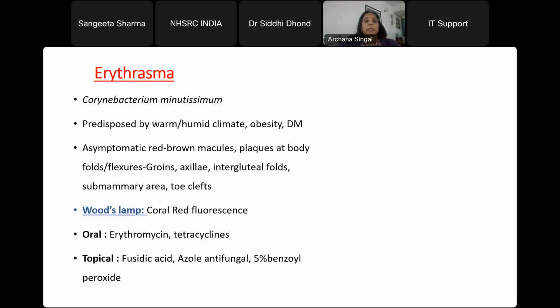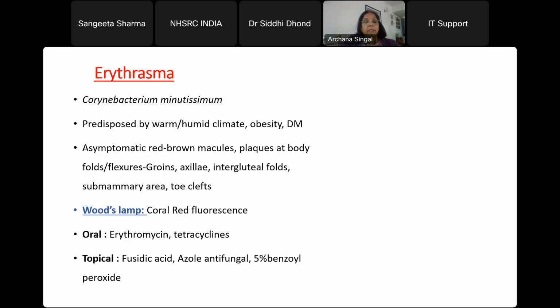So again, a common infection is erythrasma, which, as I told you, is caused by the Corynebacteria that are also part of the normal flora, but this is not the normal flora Corynebacterium. It's different, minutissimum, and it is more seen in diabetics and obese people, which will give asymptomatic red-brown lesions in the flexural area, whether it's the axilla or groin.